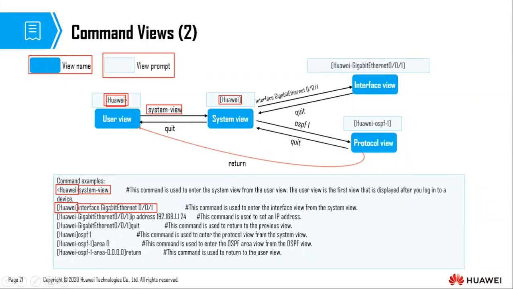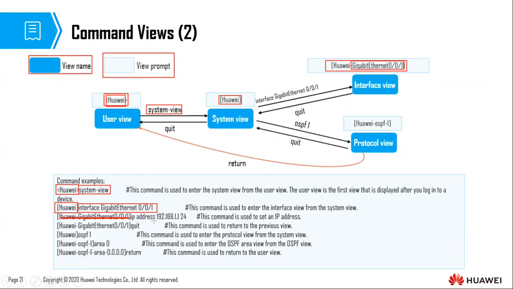This command will now move us from the system view to the interface view. We can know that it's an interface view because now, other than the device name, we have the interface name and number, GigabitEthernet 0/0/1. That is what you're having here.